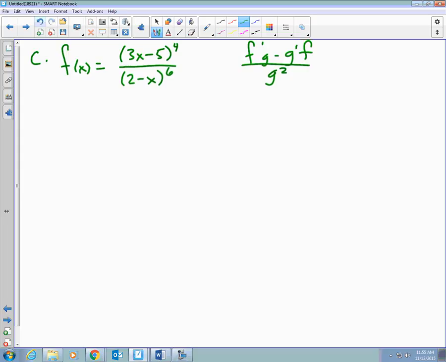In order to take the derivative of the top, what do you have to use? Chain rule. See if you can do it without drawing the boxes. What's the derivative of the inside? 3. What's the derivative of the outside? 4u to the third. So it'll end up being 12u to the third, right? There we are.